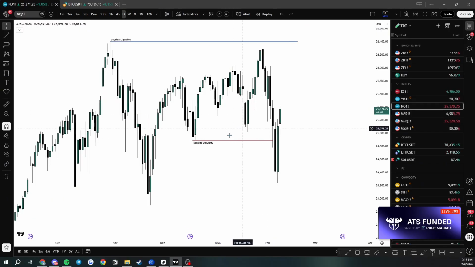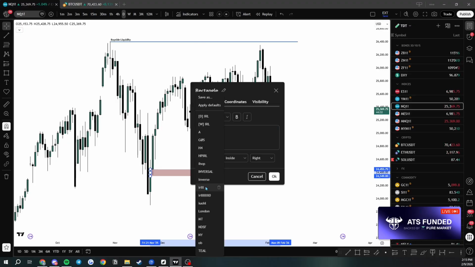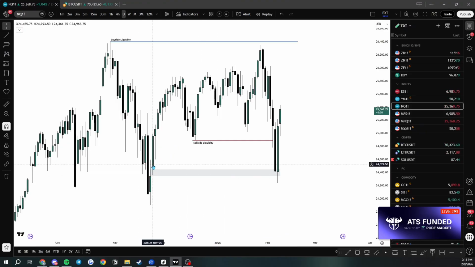Now, these relative equal lows being taken out meets our prerequisite of hitting a key level before looking for any sort of reversal. We also have this volume imbalance down here that is in discount, right? So those two things being put together.